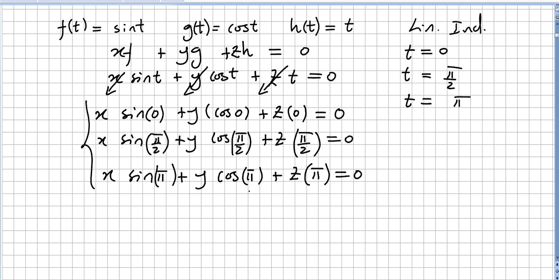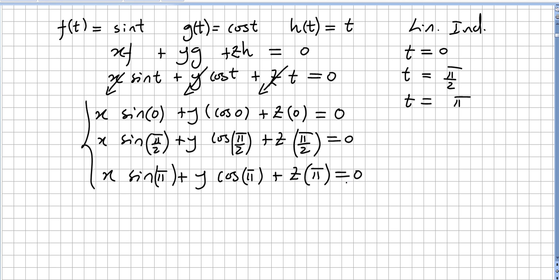Then x sine of pi over 2 plus y cosine of pi over 2 plus z pi over 2 equals 0, and x times sine of pi plus y cosine of pi plus z pi equals 0.